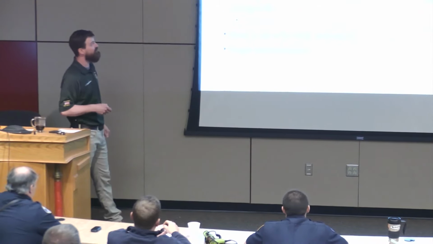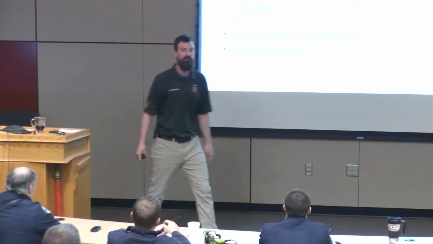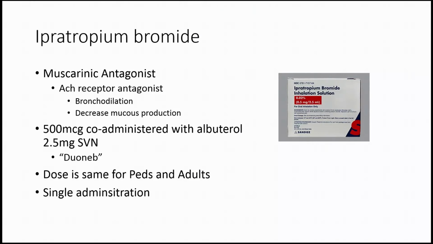Ipratropium, it's a muscarinic antagonist. Remember our parasympathetic nervous system? Muscarinic, nicotinic stuff, right? So muscarinics decrease mucus production, bronchodilation. This is an acetylcholine receptor antagonist. We give 500 mics co-administered with albuterol as a duoneb, right? And I give this one time.